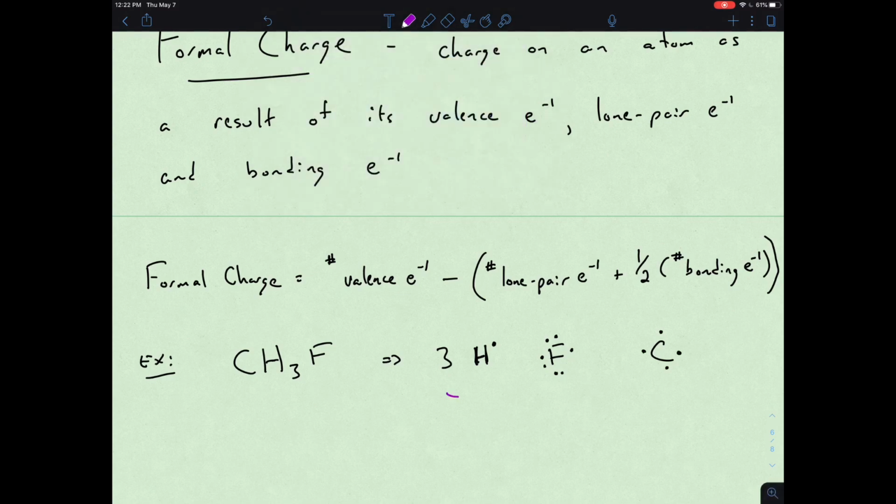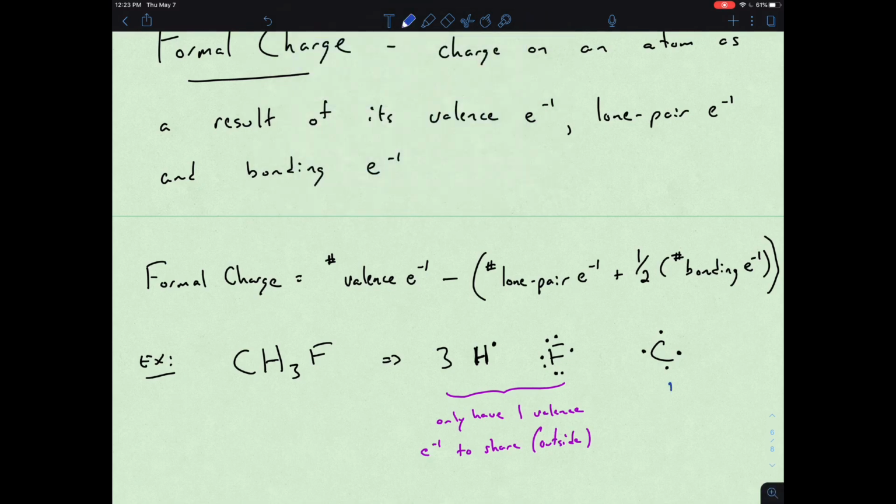So just remember our rules here. We only have basically 1 valence electron to share. Right, that's why these go on the outside of the molecule.